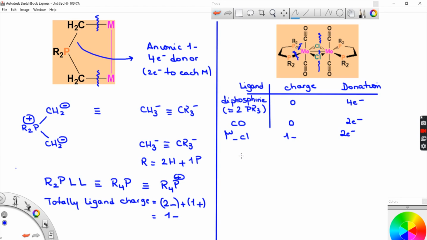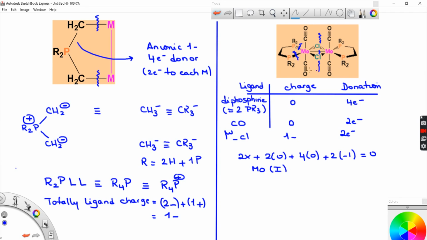We have 2 molybdenum, so 2X, plus 2 phosphines, 2 times 0, plus 4CO, 4 times 0, plus 2Cl, 2 times minus 1, is equal to the charge of the complex, is equal to 0. So 2X equal 2, so we have Mo1.